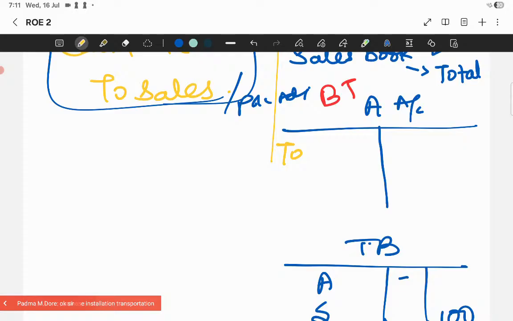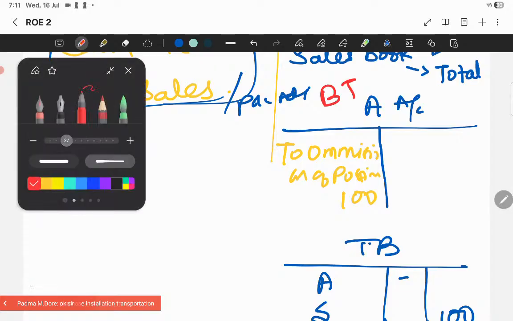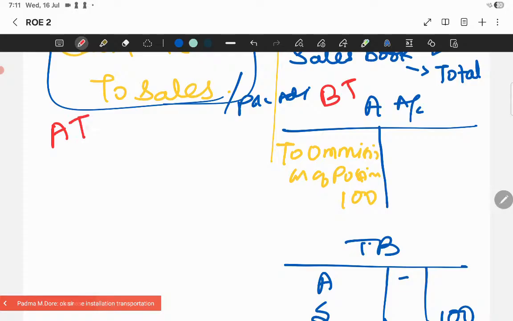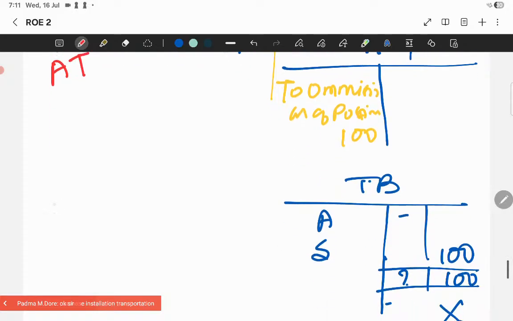We will be dealing in statements. So I write: to omission of posting, 100 rupees. This happens when the error is rectified before trial balance. Now the question arises, sir, what happens if it is after trial balance, and what happens if it is after final accounts?